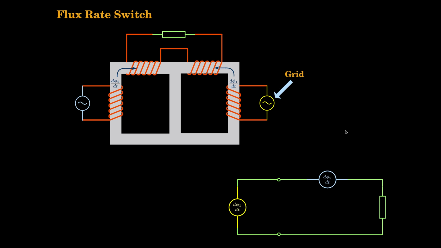Now let us say I include one more winding here. Can I include one more winding? Now here d phi 1 by dt is being decided by this voltage source. Here I cannot put another voltage source to decide another d phi 1 by dt because this is a single arm. The d phi 1 by dt can be decided by only one voltage source.